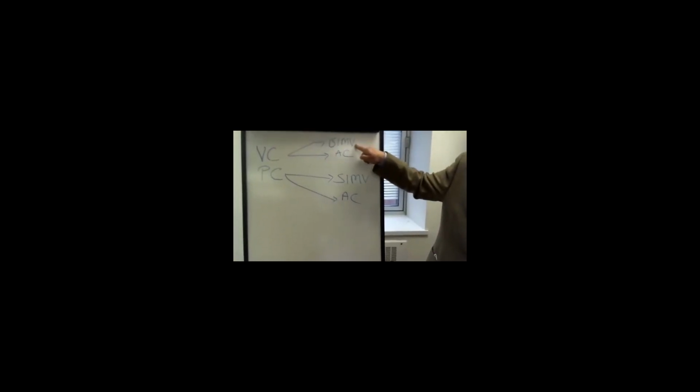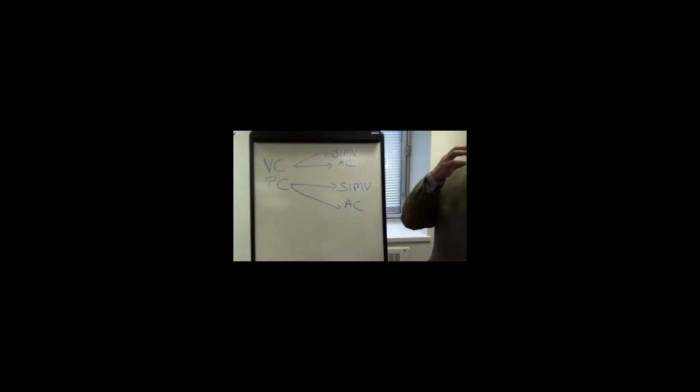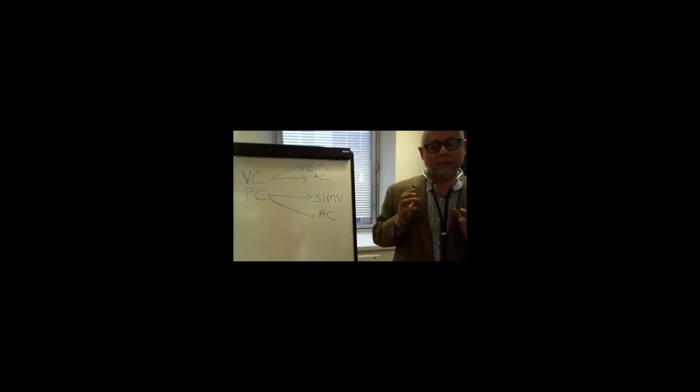SIMV is similar to assist control other than being synchronous intermittent mandatory ventilation. What's the difference? For example, if you set the mandatory ventilation, I'm just giving an example, at 12 breaths per minute, that will be the job of the machine. Whether the patient takes it or not, the machine will give it.